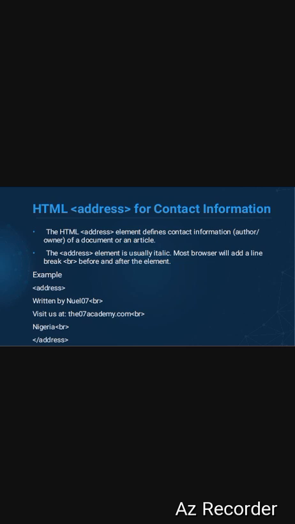As we can see in our example here, we have the opening of the address, the information within it, and then the closing of the address. Now we have a tag here, which is the break tag. This break tag is used to break a sentence, that is, when you don't want it to be long, you break it. We'll be using this in our code editor.